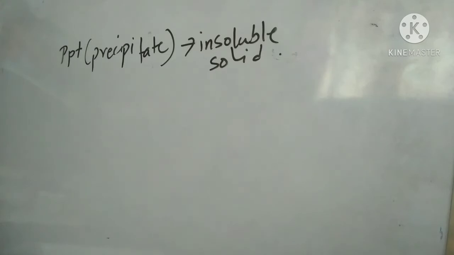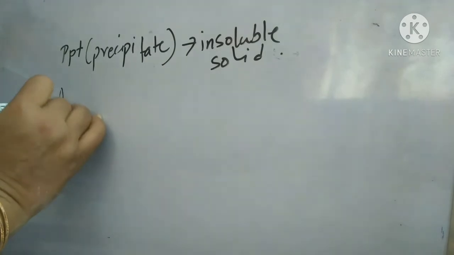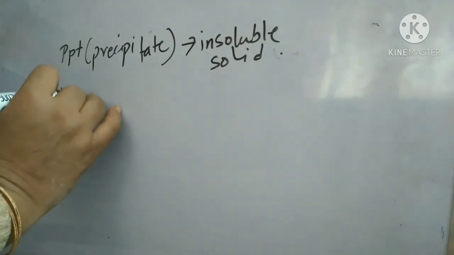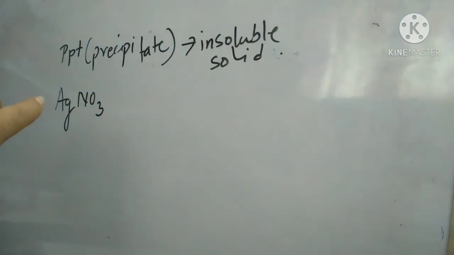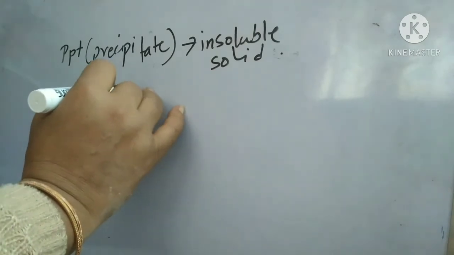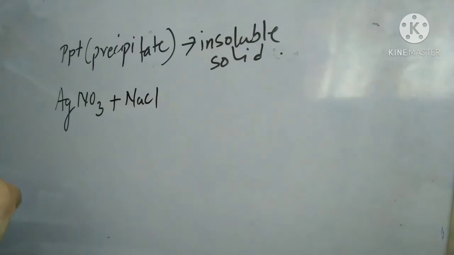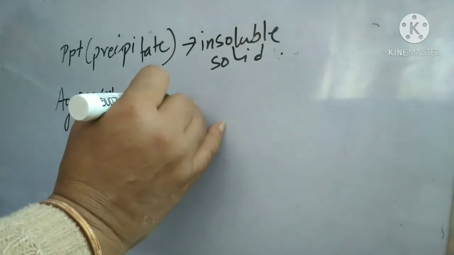So in this we can take the example of silver nitrate solution. Now how do we write the formula of silver nitrate? Silver is Ag 1 plus and nitrate is NO3. So silver nitrate solution plus sodium chloride solution. We write over here aqueous, that means mixed in water.